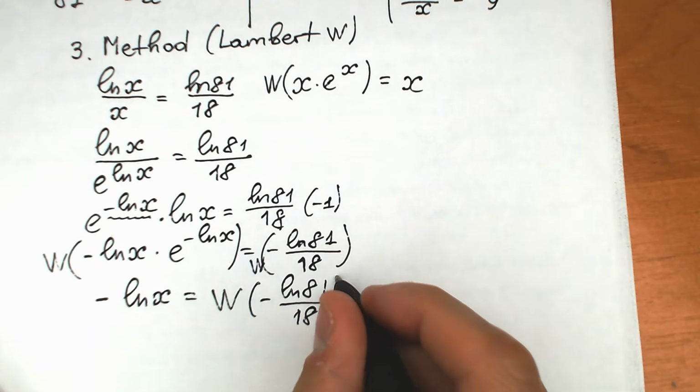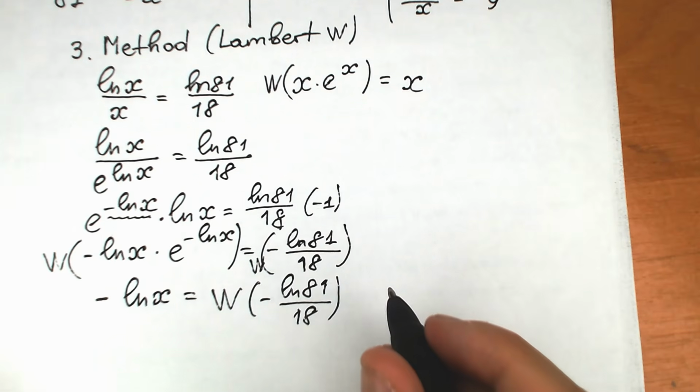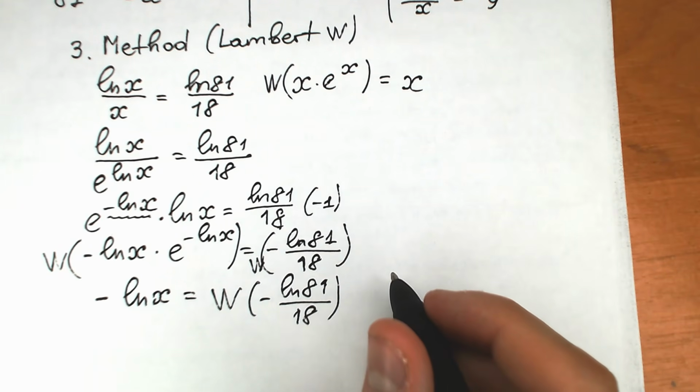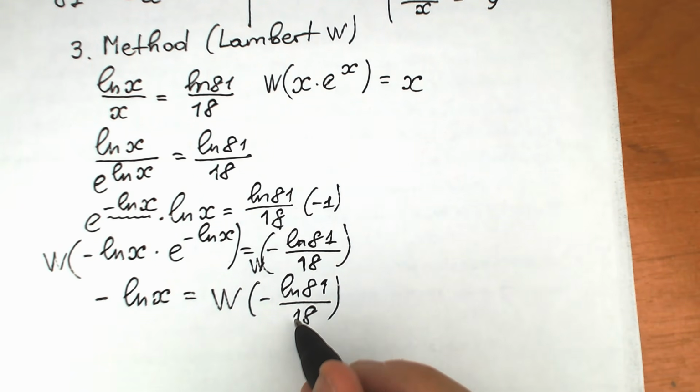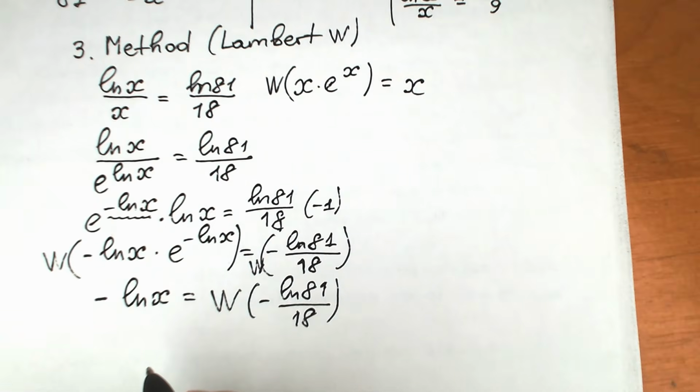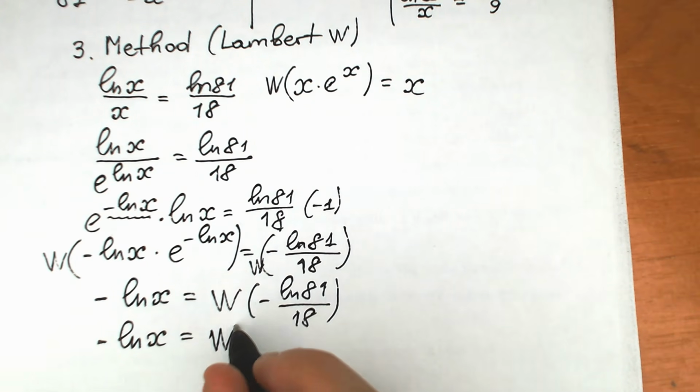But we want to solve this question completely. So right now, let's simplify our expression a little bit. We have minus natural log x equal to the Lambert W function of minus natural log 81 over 18.